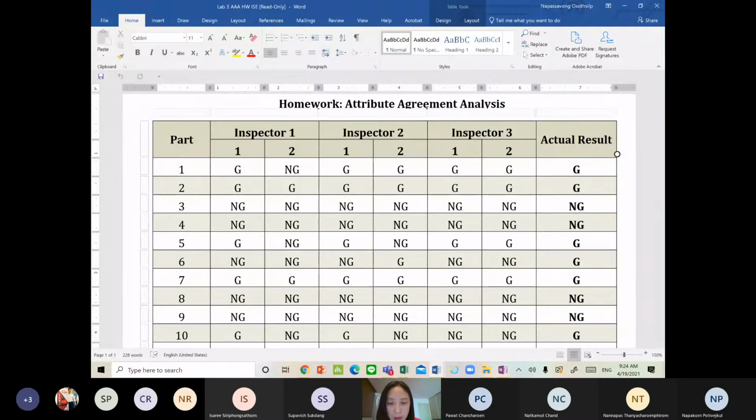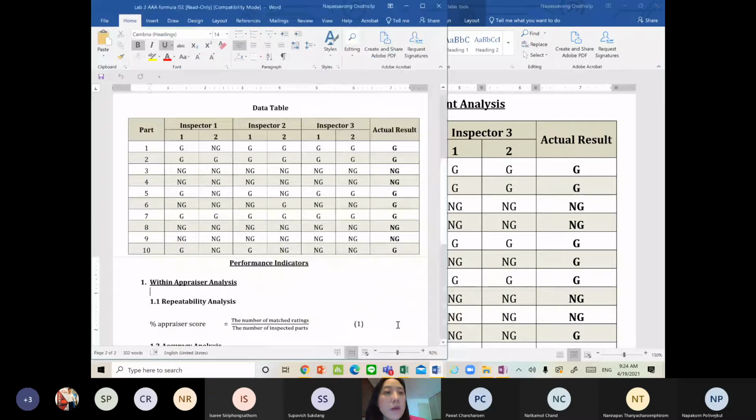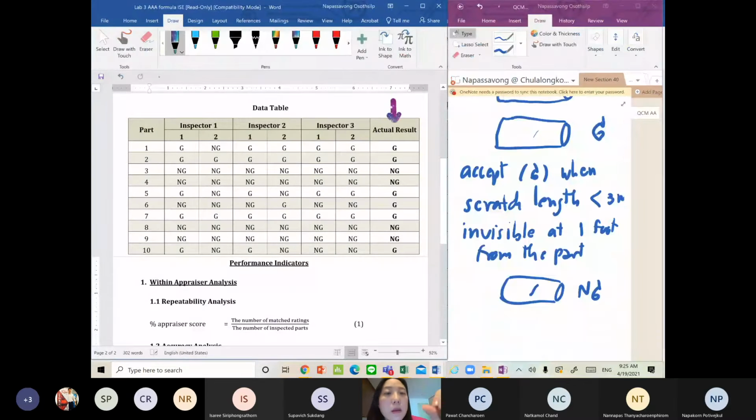Let me come back to this. For the actual result, it comes from an operator, or a supervisor, or anyone who is well trained, has good practice and has a lot of experience in inspection of this product.